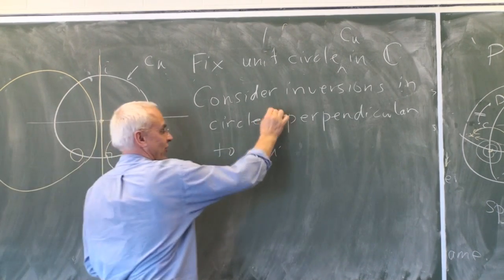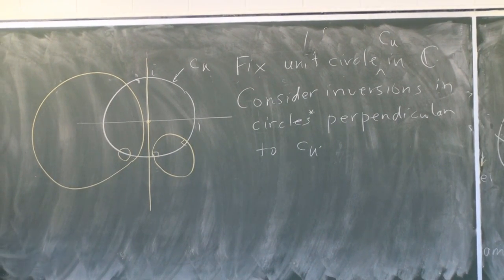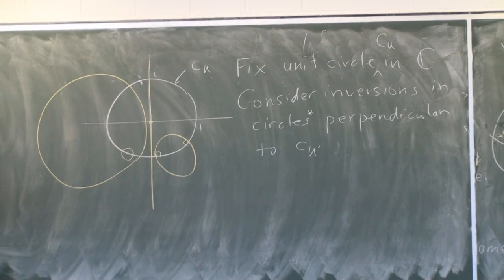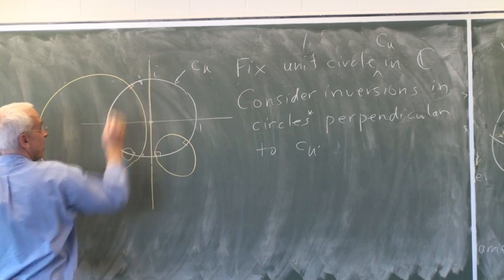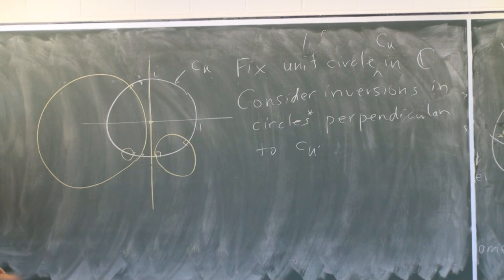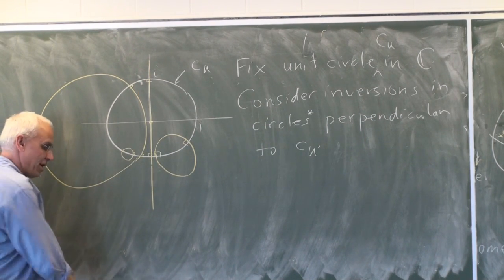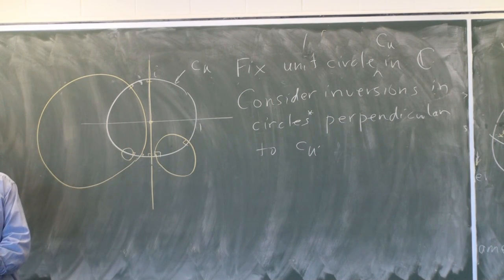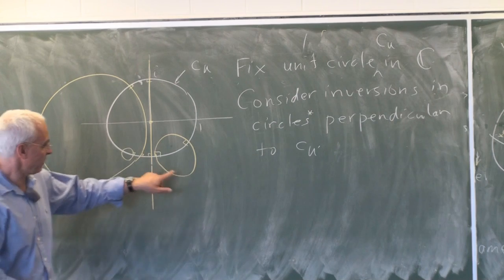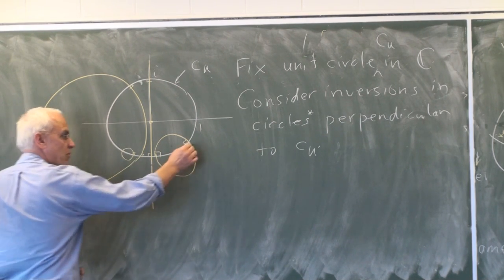Maybe I should say circle-star. We're also allowing circles of infinite radius, i.e. lines, as part of the story. So all of these are circles which meet our C unit perpendicularly. And the crucial thing is to observe what happens when you invert in one of these circles. Suppose we invert in this circle here. Well, these 2 points are fixed.